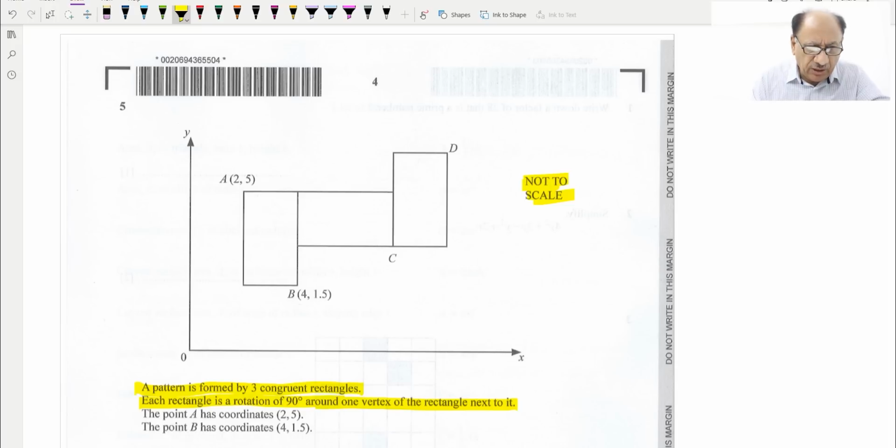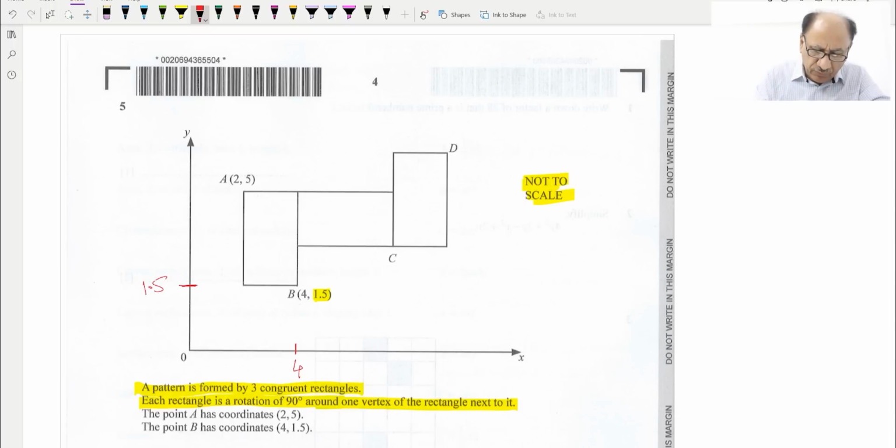First of all, you need to understand that this 1.5 is the y value, so this height is 1.5 from the y side, and from the x side this value is 4.